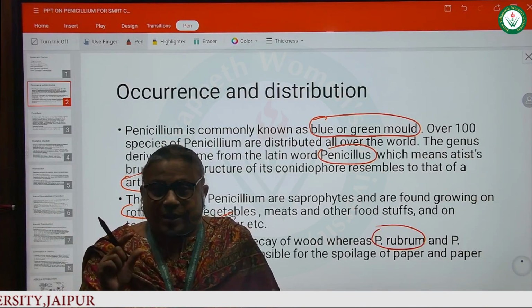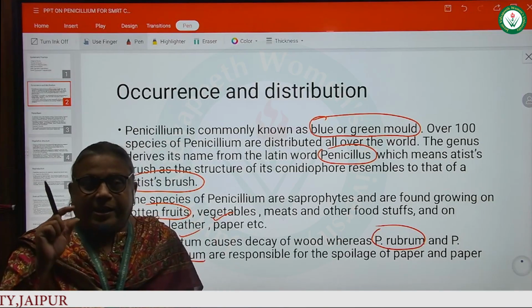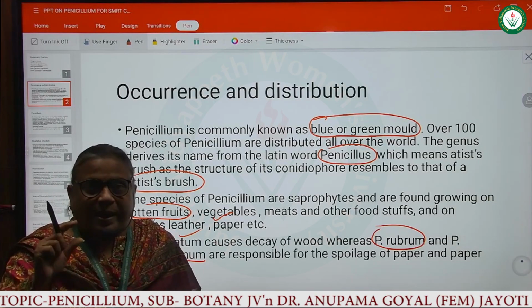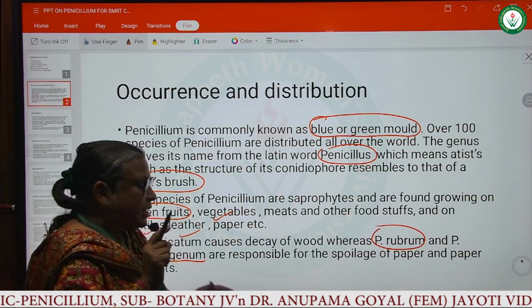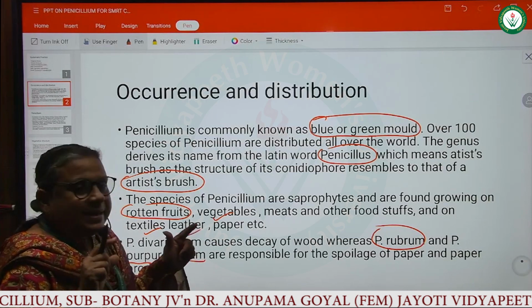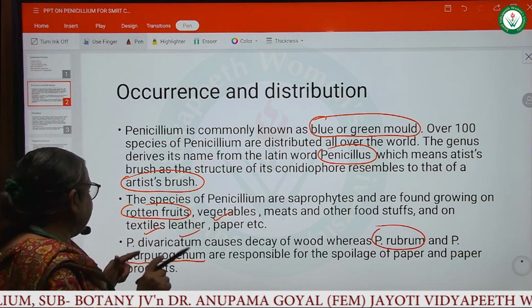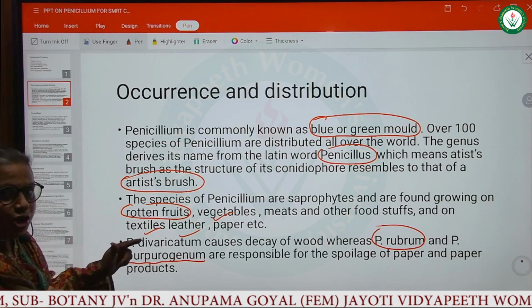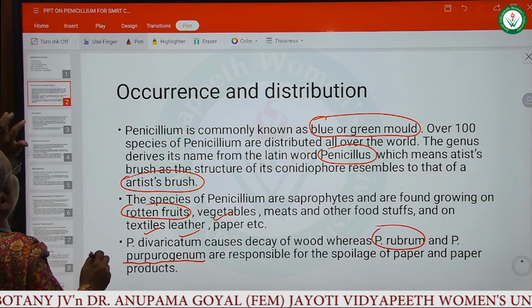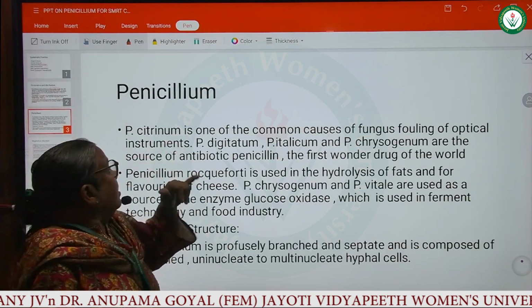So students, now you can say what are the species of Penicillium which are responsible for the spoilage of paper: the Penicillium rubrum and Penicillium purpurogenum. They spoil the paper.